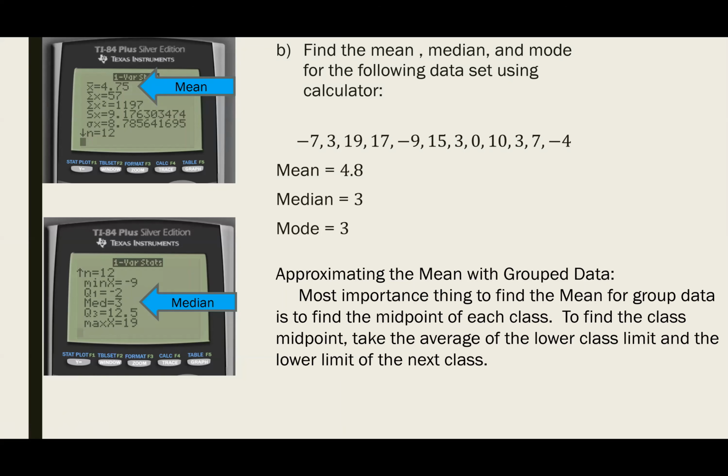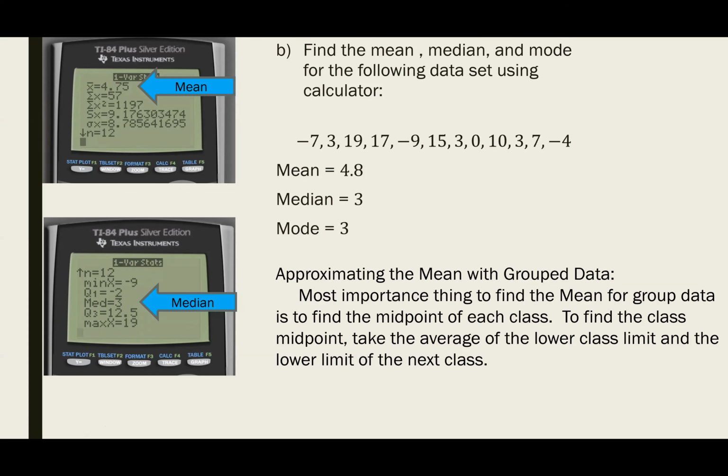So looking at this here, they tell you that if we have grouped data, we cannot find the mean, but we can approximate the mean and we can approximate the median. To do that, the first thing we need to do is find a number that represents that class. To find a number that represents that class, we take the midpoint of each class.